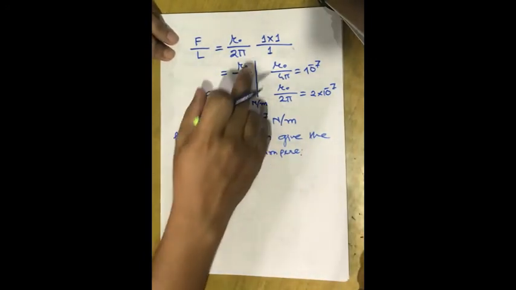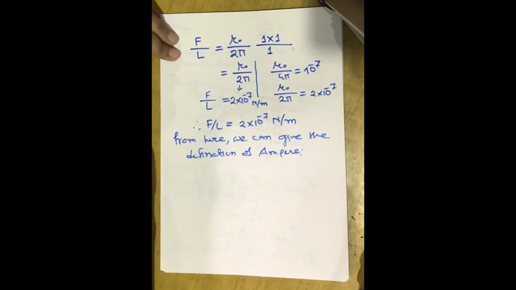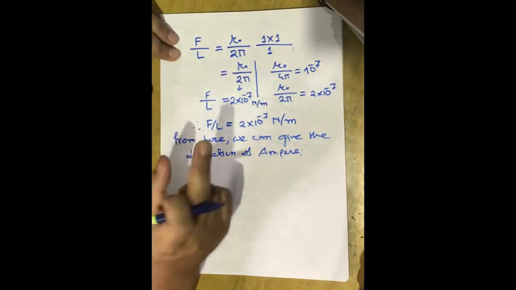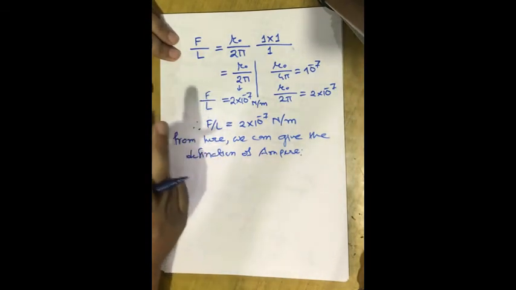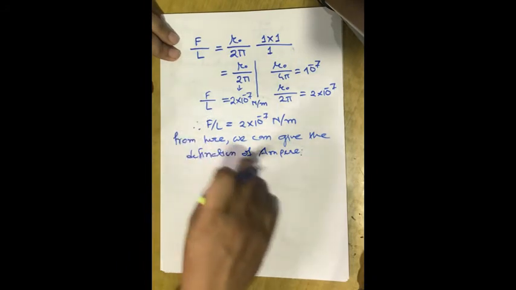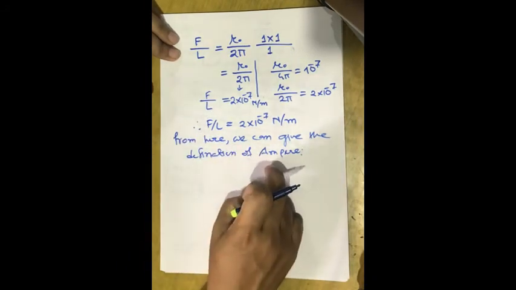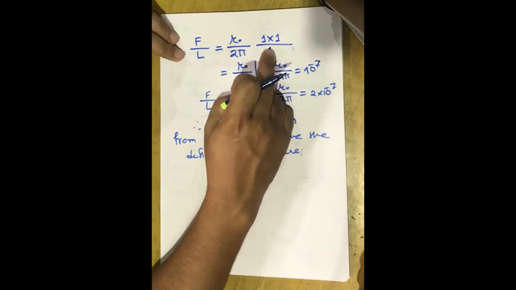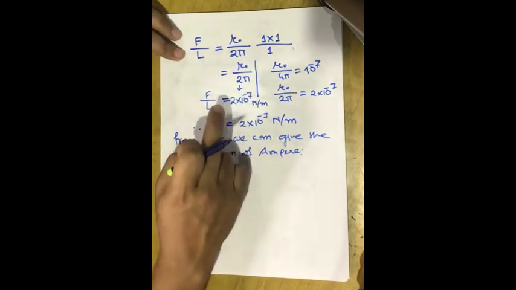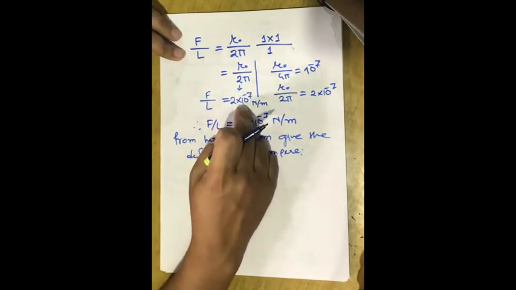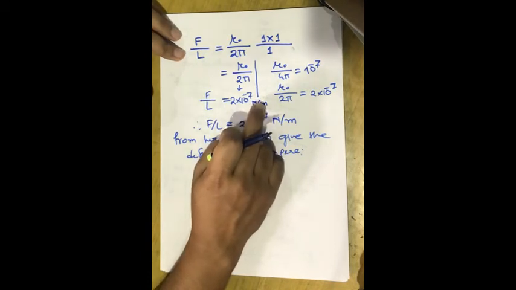So from here, as you can see, what will be the definition of ampere? 1 ampere is that much current, if it flows through two conducting wires which are parallel to each other at a distance of 1 meter apart, then the force of attraction between the two wires is 2 into 10 to the power minus 7 Newton per meter.